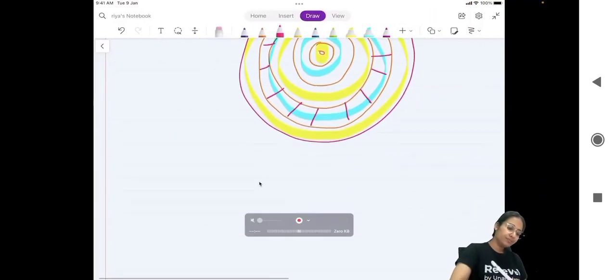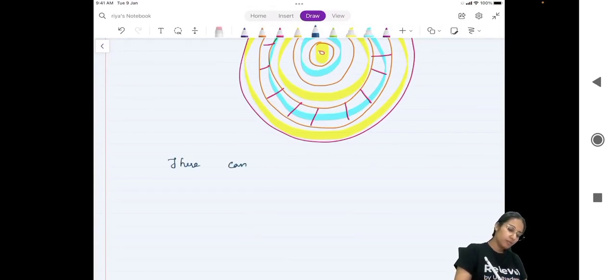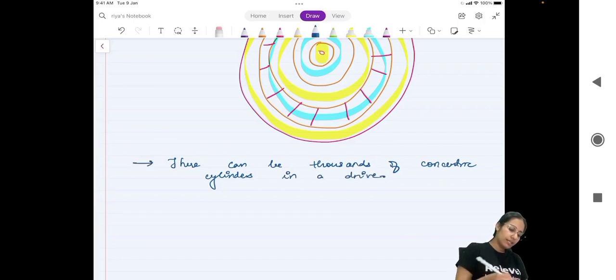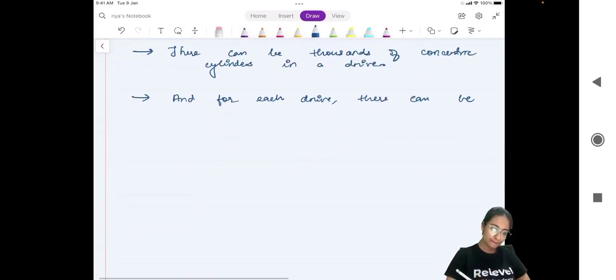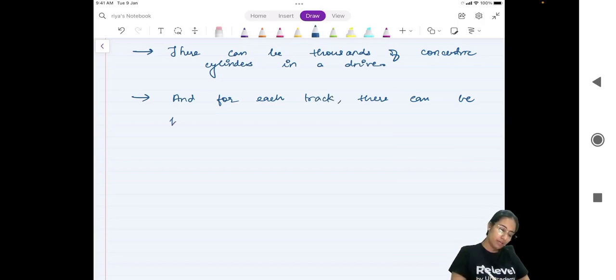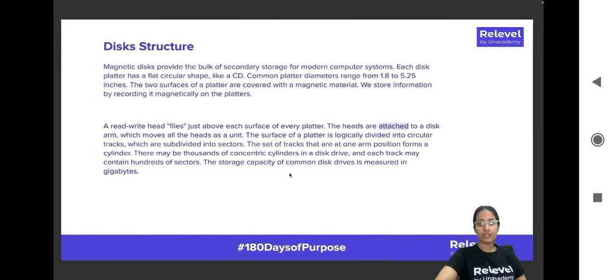So there can be thousands of concentric cylinders in a drive, and for each track, there can be hundreds of sectors in it.